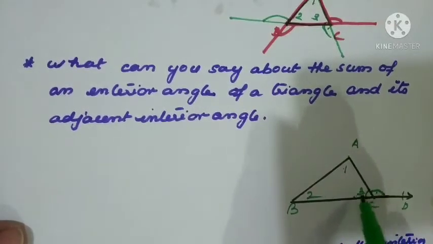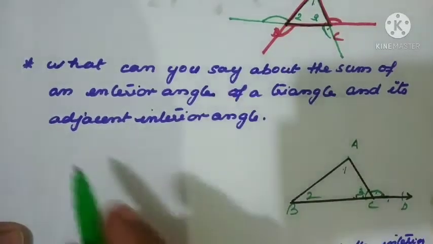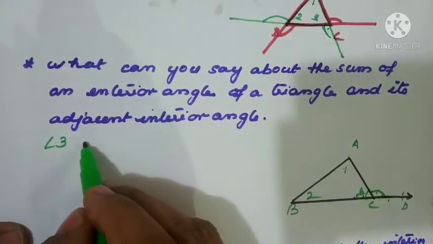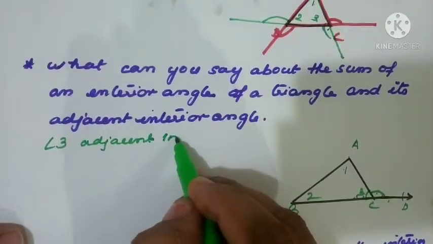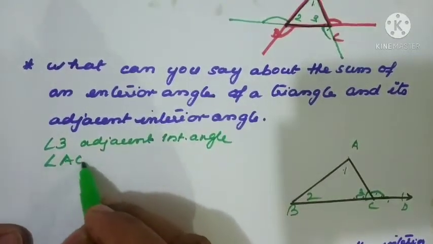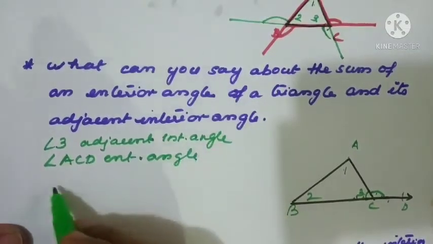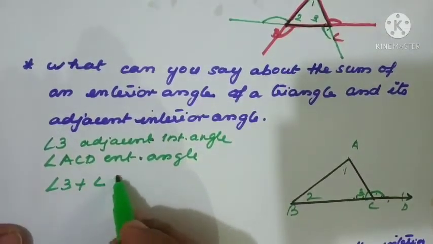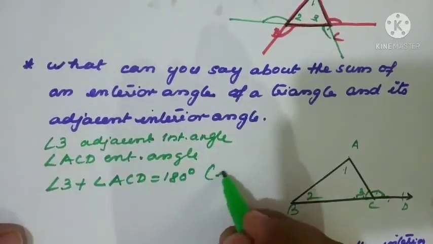What can you say about 3 and angle ACD? They are supplementary. Angle 3 is the adjacent interior angle, and angle ACD is the exterior angle. What can we say about angle 3 plus angle ACD? It is equal to 180 degrees.